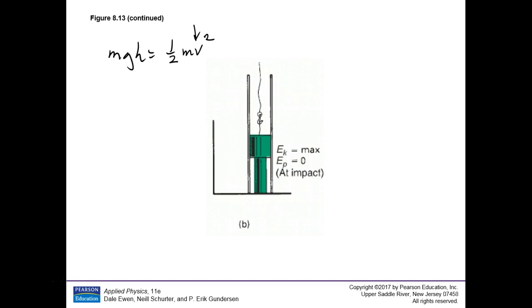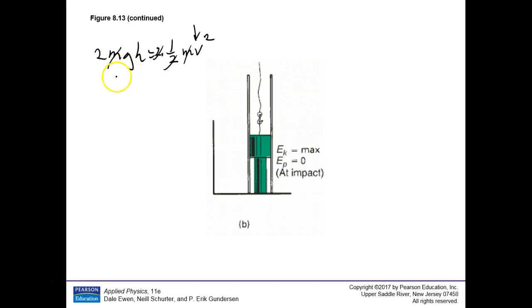Now, here's the interesting thing. Does the mass in this equation really matter? No, we could divide both sides by m and it just disappears. Then we can multiply both sides by 2 to wipe out the denominator.